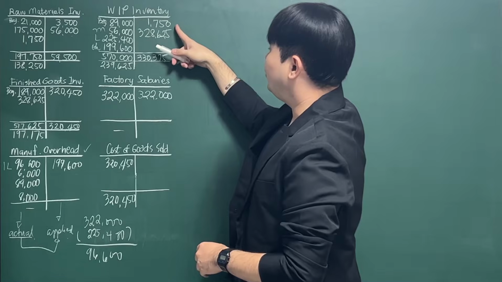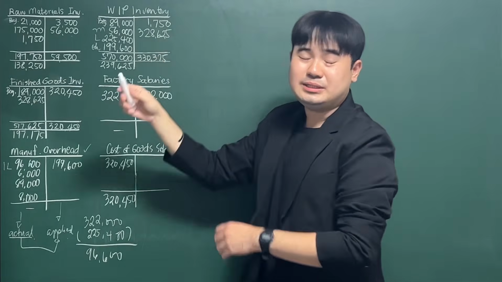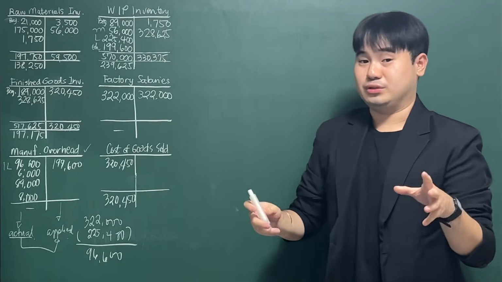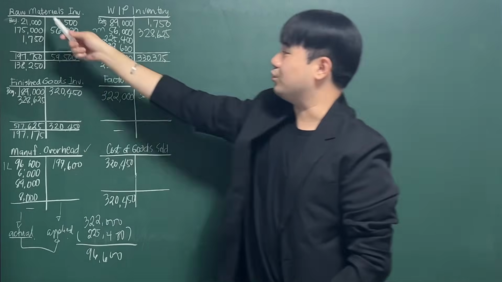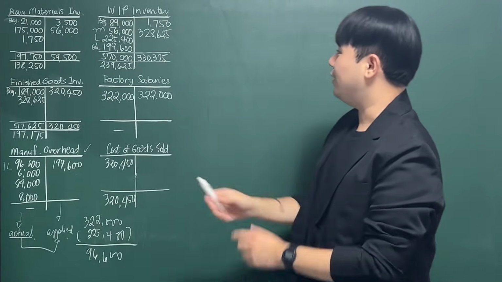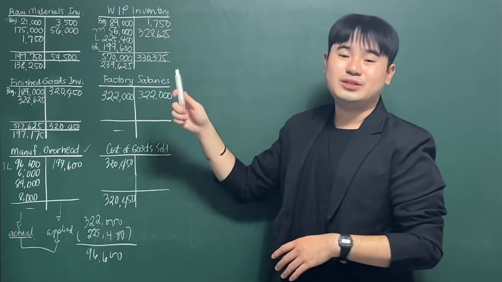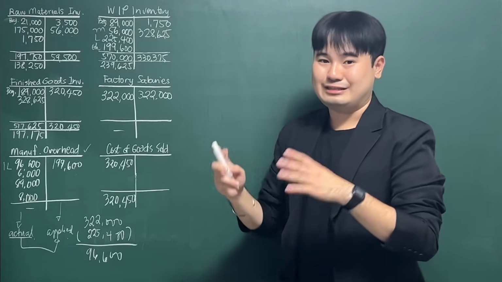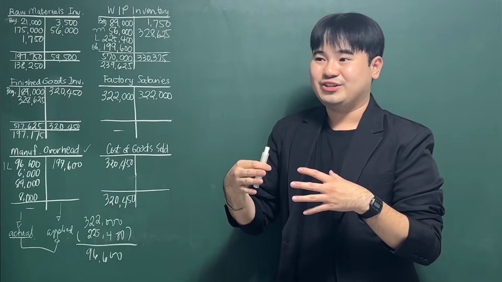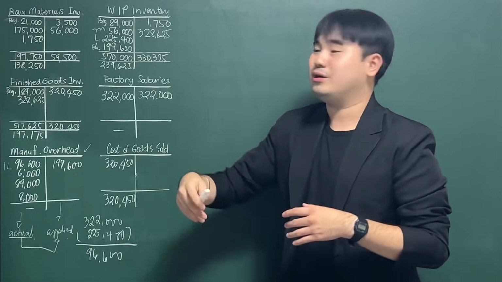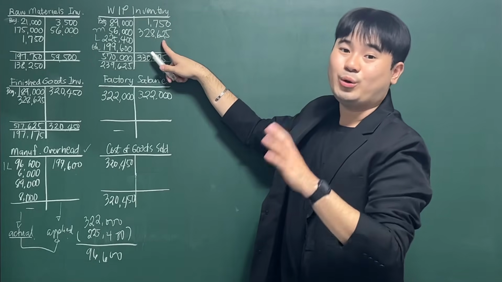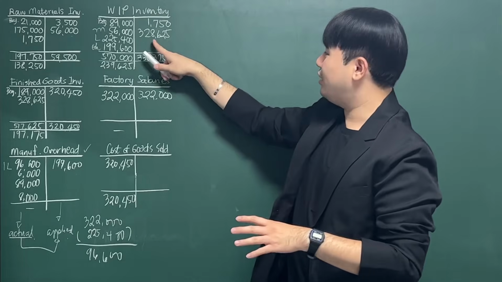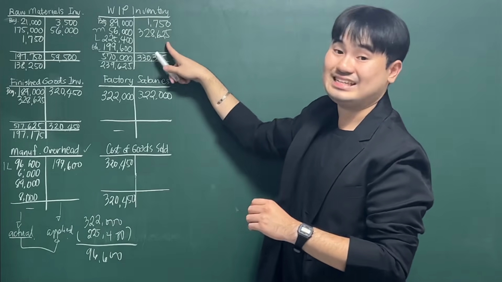Now, we already know what this is. This is the excess materials that you brought back to your raw material stock room. Now, if you credit something in the work in process inventory that is not an excess materials that was brought back to the stock room, then this is what was completed during the month. So you have already completed 328,625.